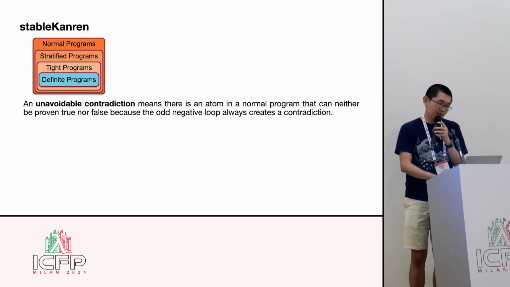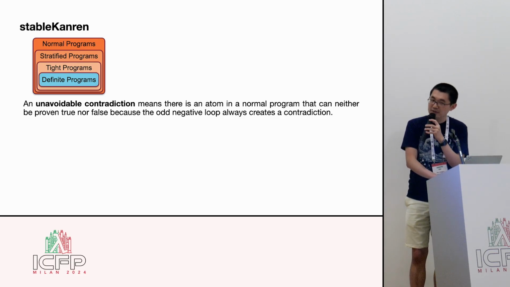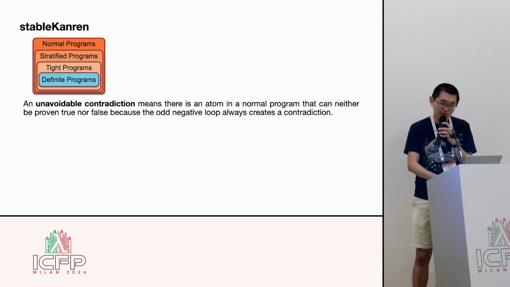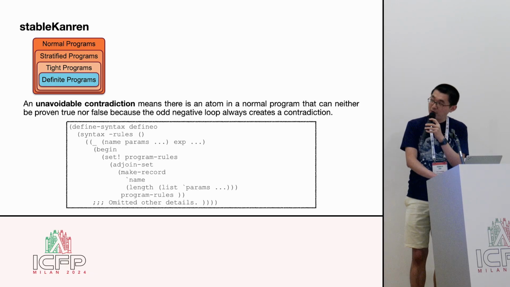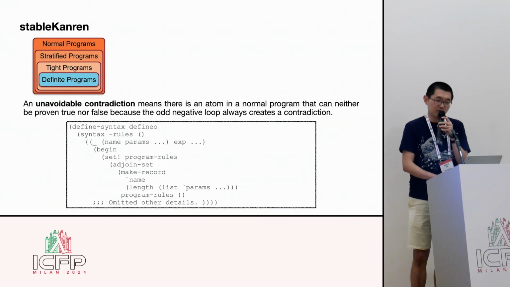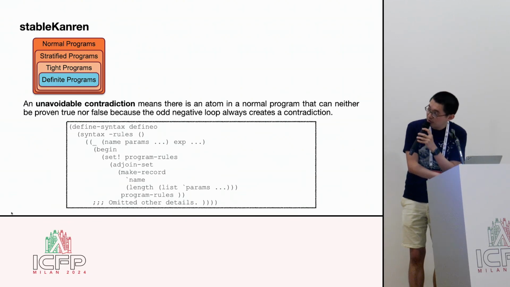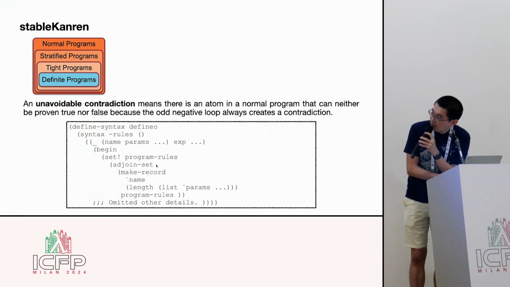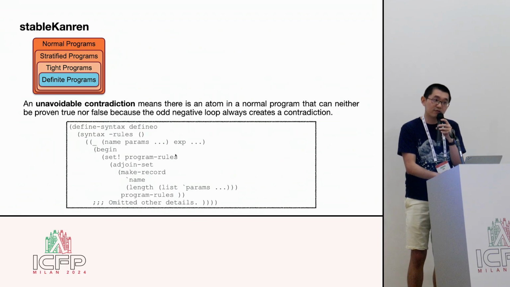In order to find out this unavoidable contradiction, what stableKanren is doing right now is very coarse. Okay, this is a part of the defineo structure. In the beginning, you just try to check all the programs defined using defineo.